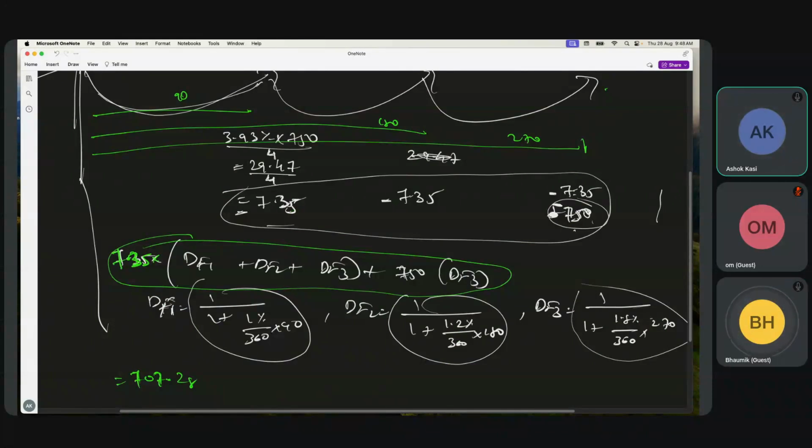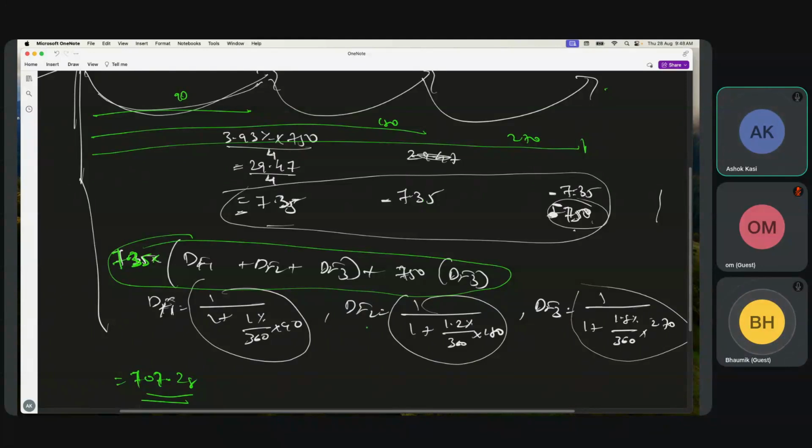I don't know if it is a decimal problem. So 757.36. The steps are all correct only. You both got the same answer, 707, right?